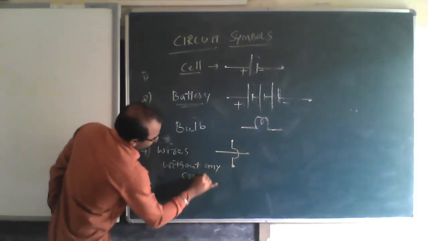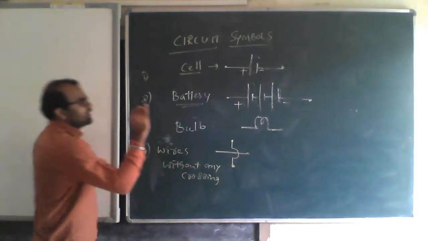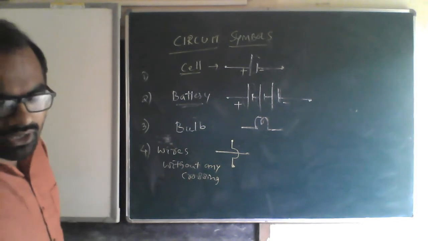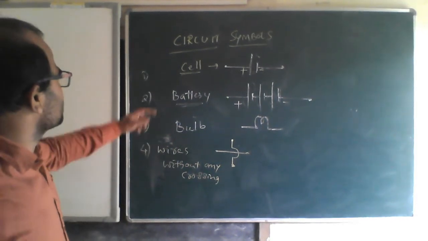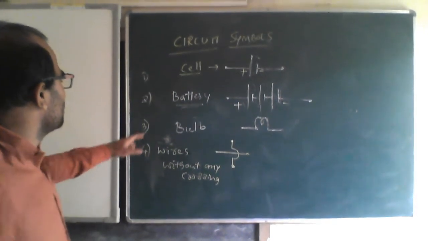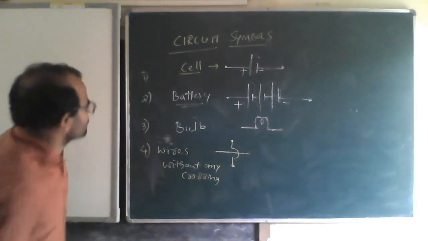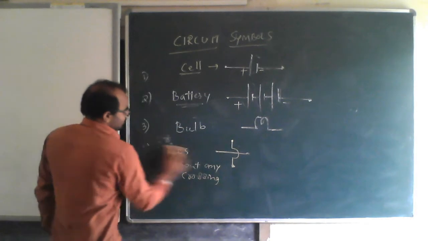Okay, you can say it as wires without any crossing. Okay, these four you have to remember: cell, battery, bulb, and wires without any crossing. Next we will go on to remember this.